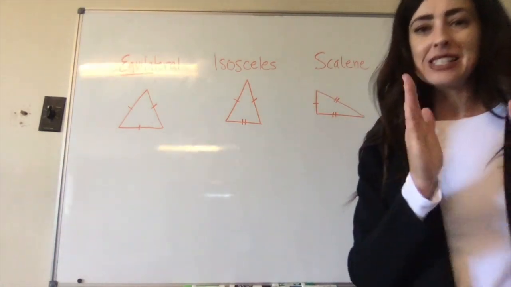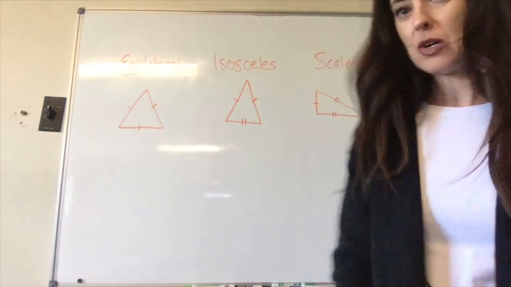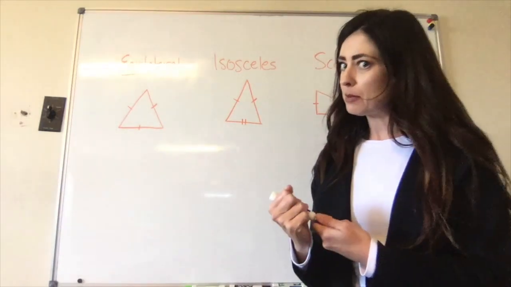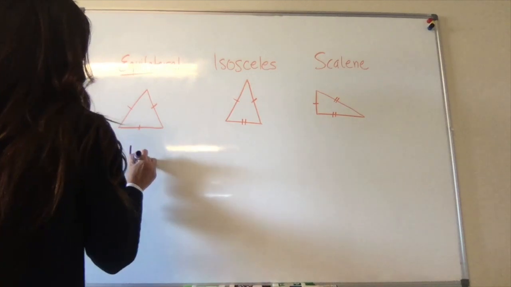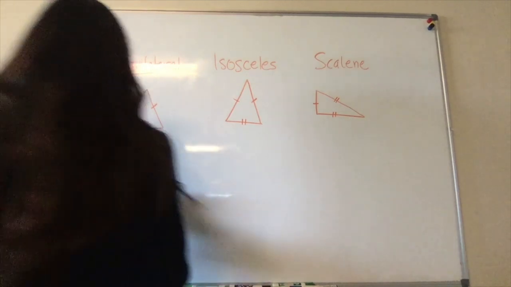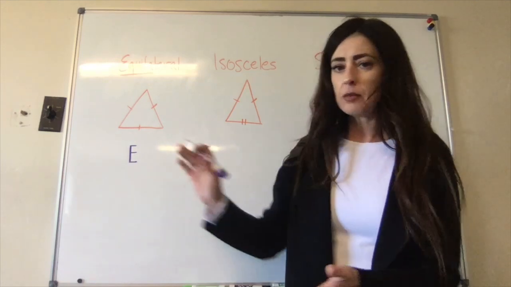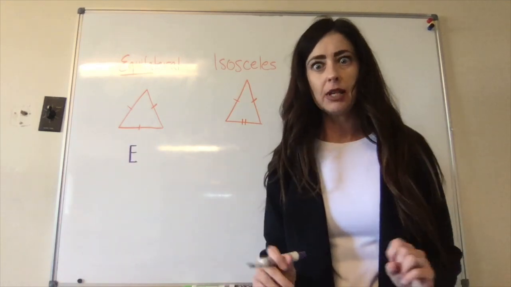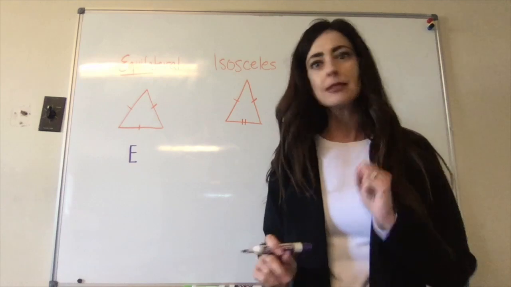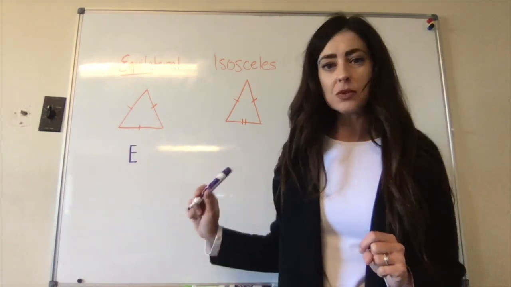And so here is how I like to remember these. You ready? For equilateral, besides the fact that it has equal in it, is it true that usually the 3 legs that come off the back of the E are the same length? It is, okay? So 3 equal sides.